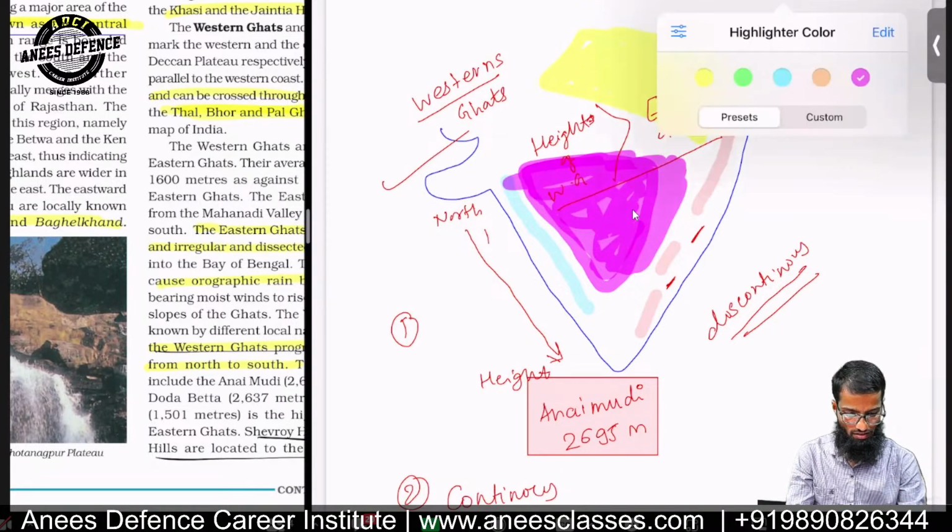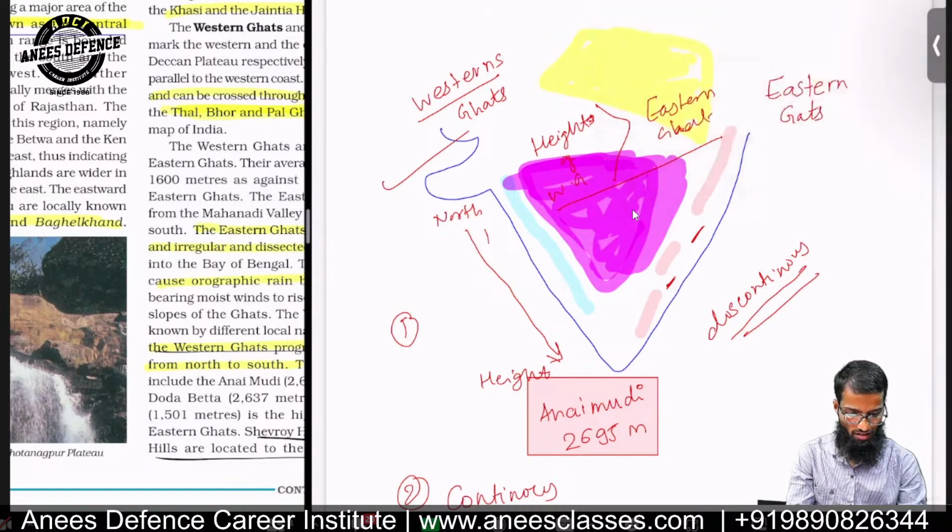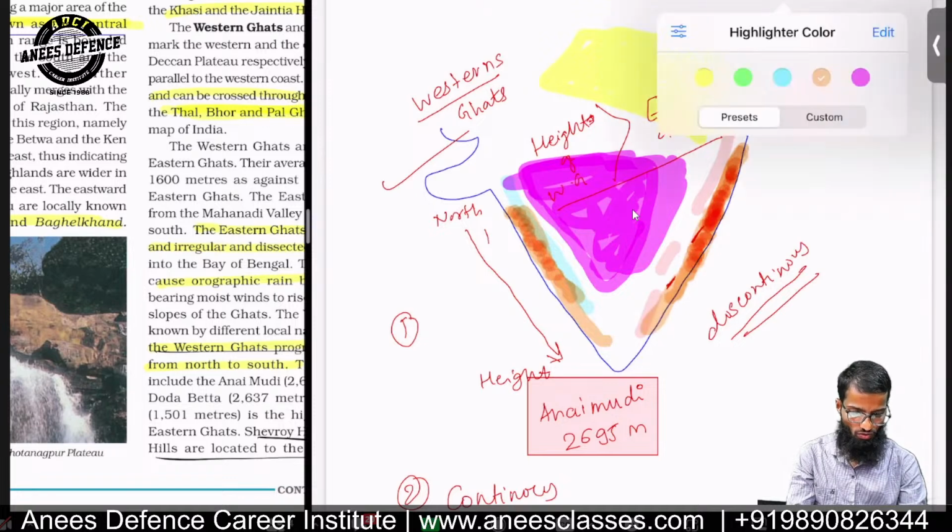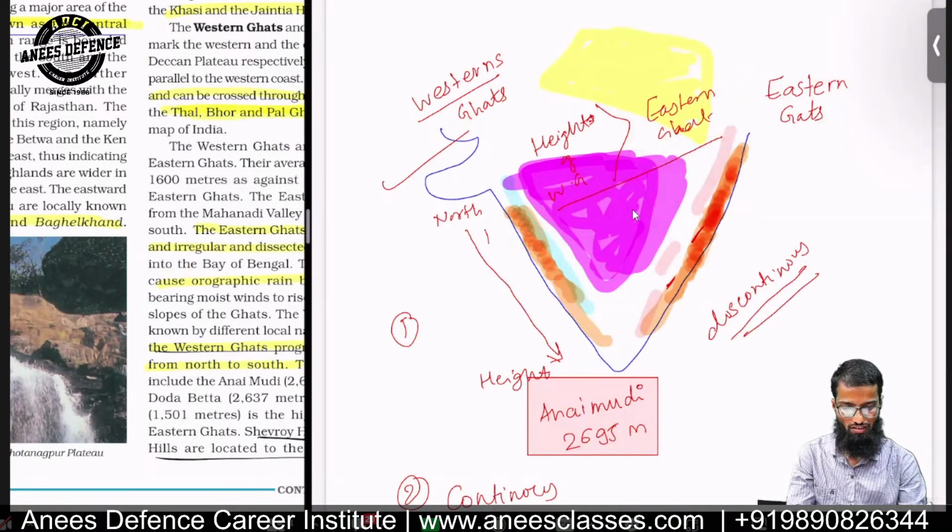And in this area, you have laterite type of soil, because of leaching, right? You know what I'm talking about? I'm talking about the soils.